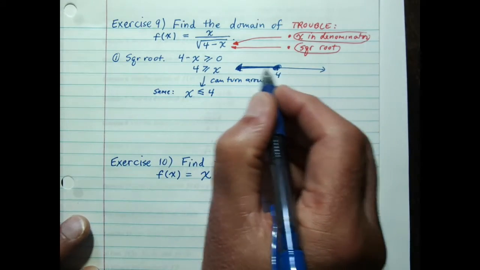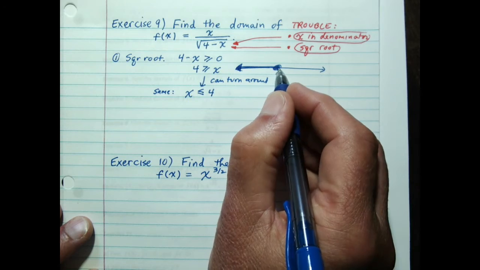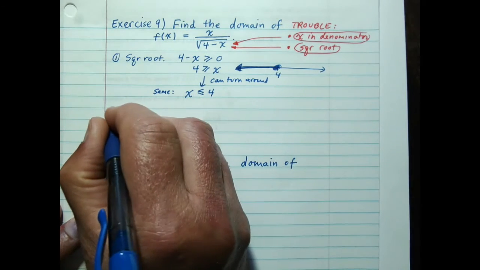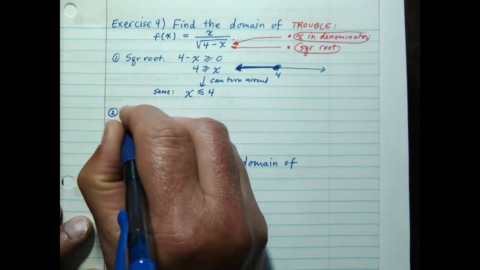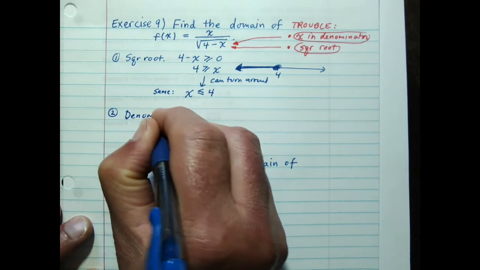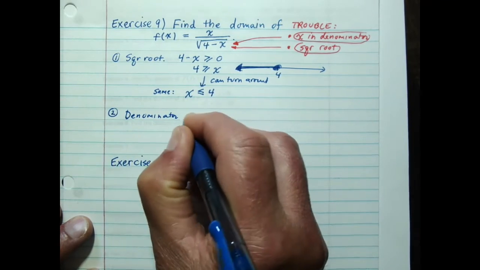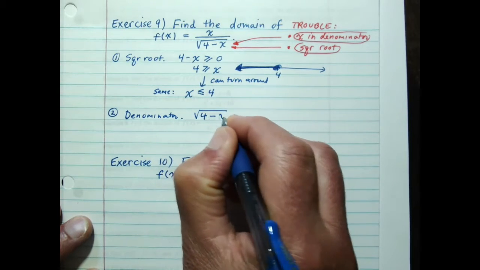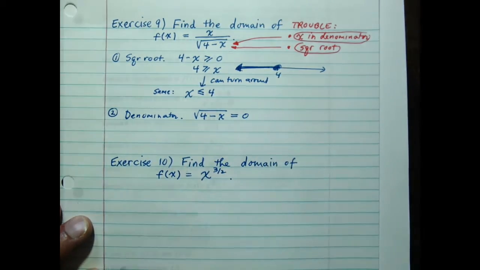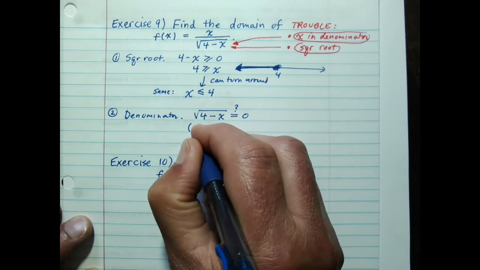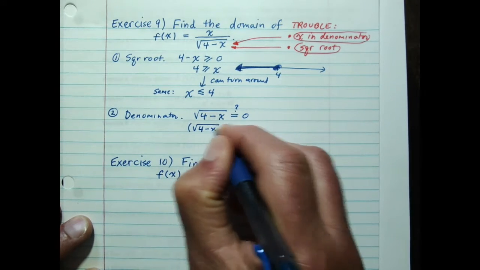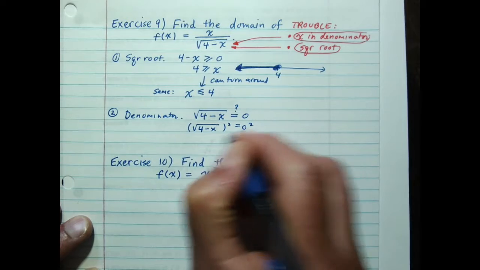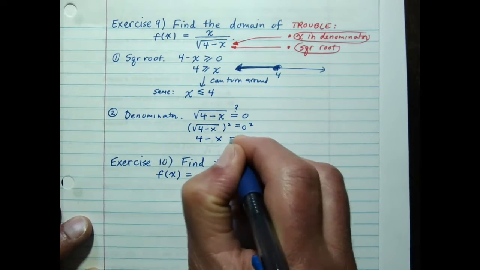All right. Now that's as far as the square root is concerned. But now we have this second issue about the denominator. Even though it's a complicated mess, can that denominator ever be equal to 0? What we can do is square both sides, and we get 4 minus x equals 0.